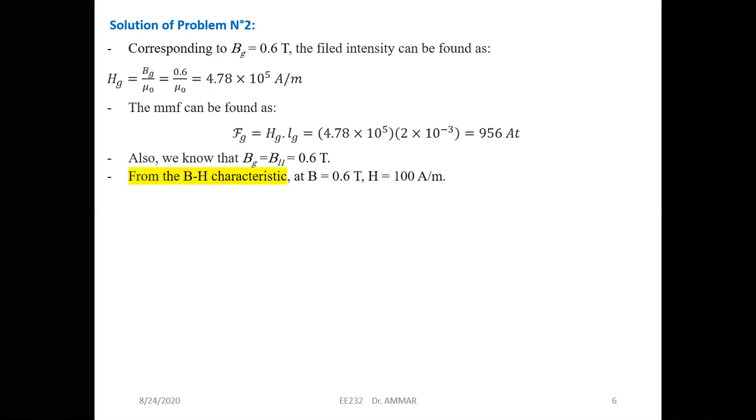Now, from the BH characteristic, as we have done in the first exercise, we are looking for the field intensity corresponding to this value of 0.6 Tesla. Okay.